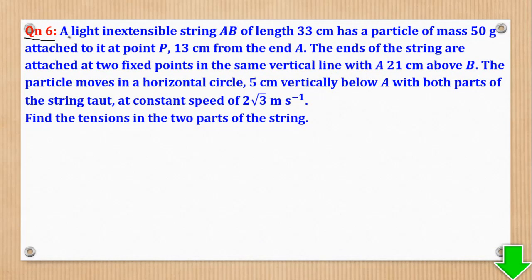Question 6 says, a light inextensible string AB of length 33 centimeters has a particle of mass 50 grams attached.